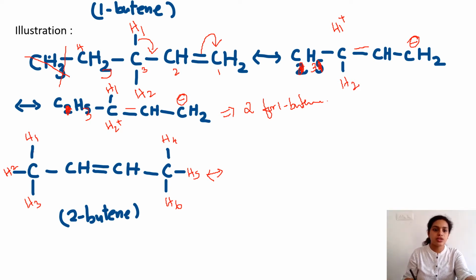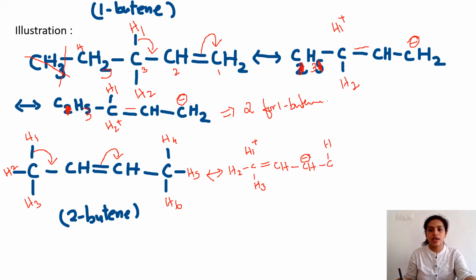Okay, so in the case of H1, this comes down and this goes here and you will get H2 CH3. Here is H1 plus, and this carbon-carbon single bond has become a double bond CH, and this double bond has become a single bond CH minus, and here is CH4, H5 and H6.